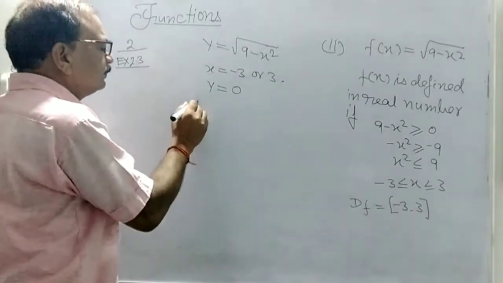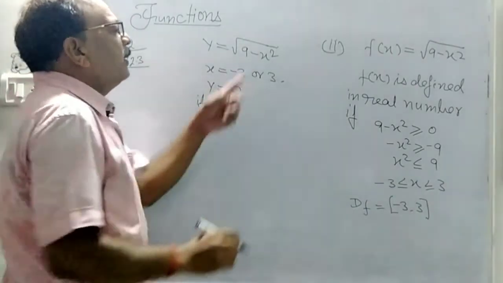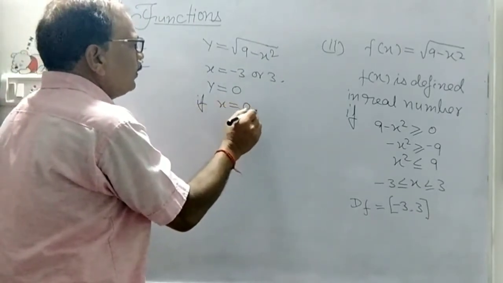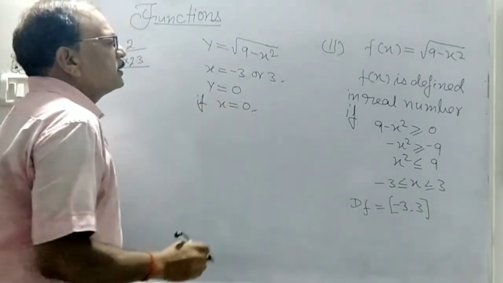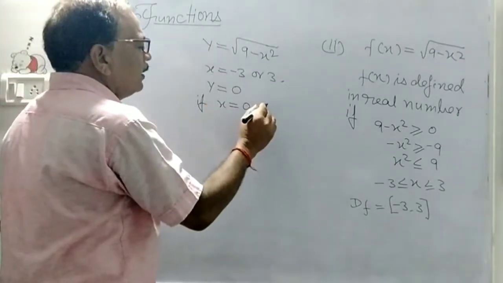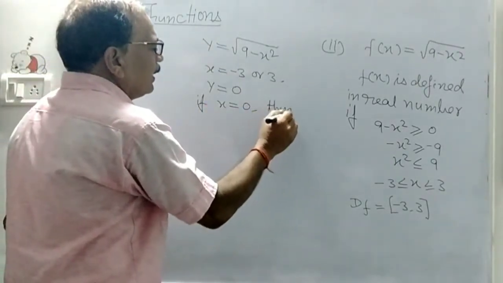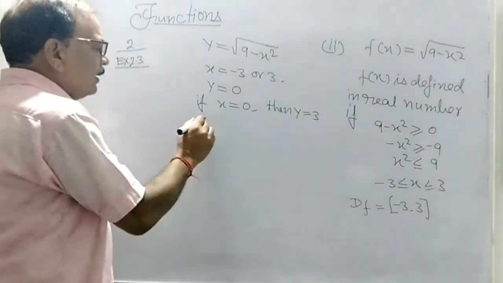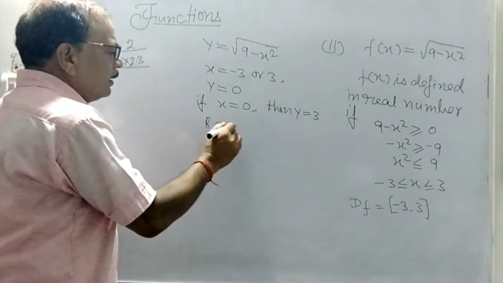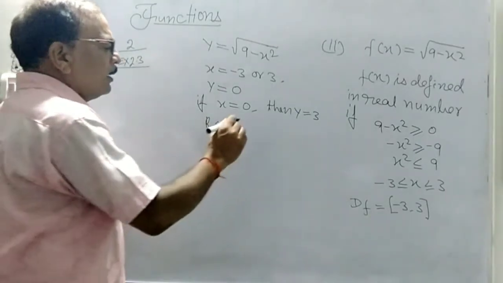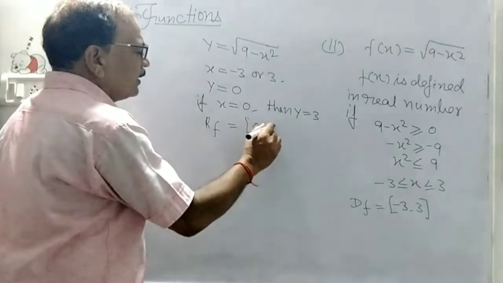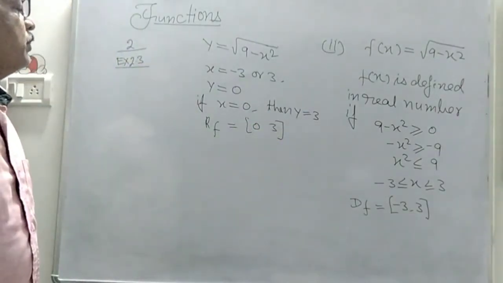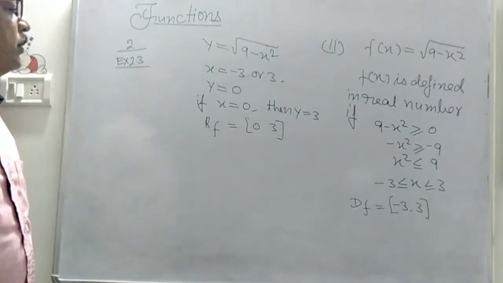And if x equal to 0, then y equal to 3. It means that the range of the function is 0 to 3.